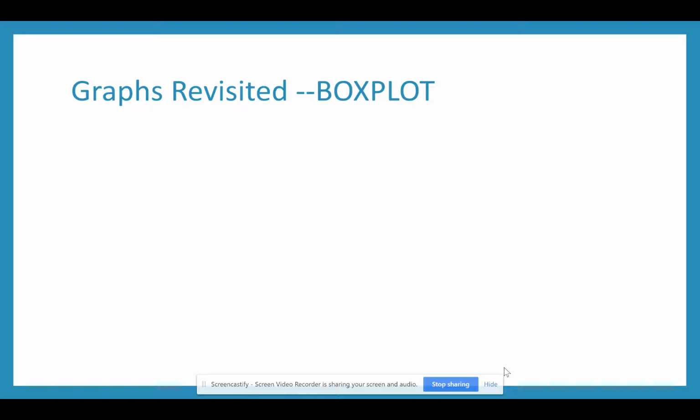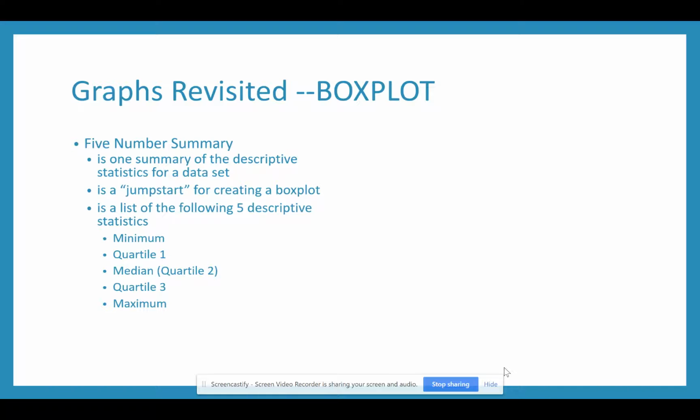The box plot is actually a summary of the five number summary of the descriptive statistics, and it's really the jump start for creating a box plot. The 5 number summary consists of the minimum value of the data set, quartile 1, the median, which is also called quartile 2, quartile 3, and the maximum.